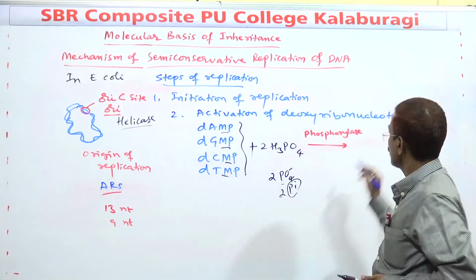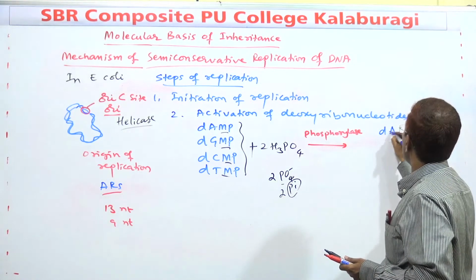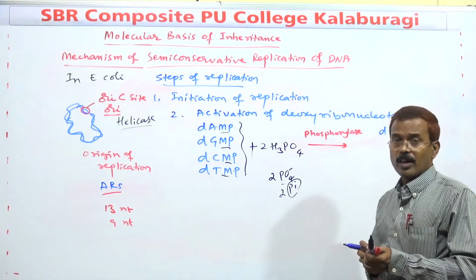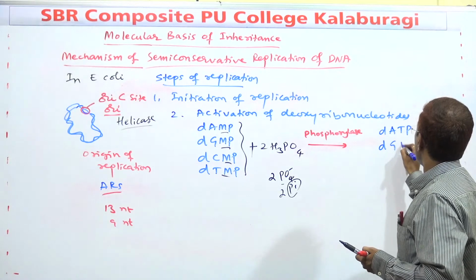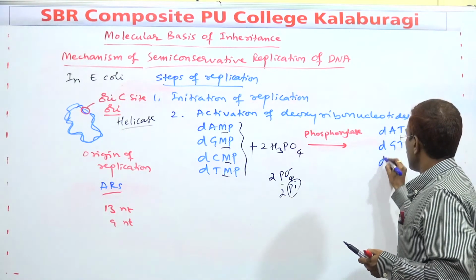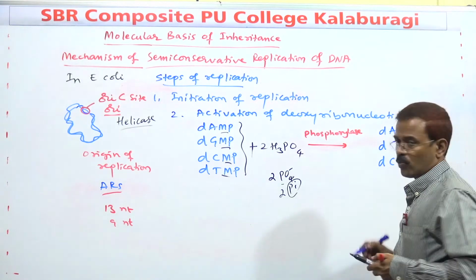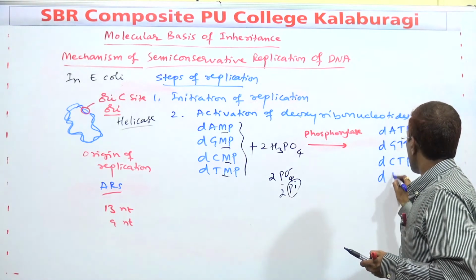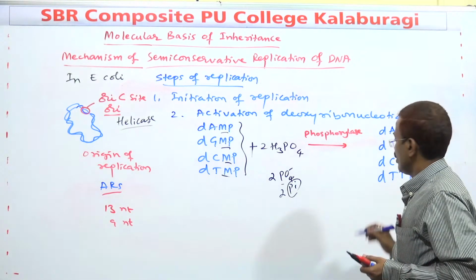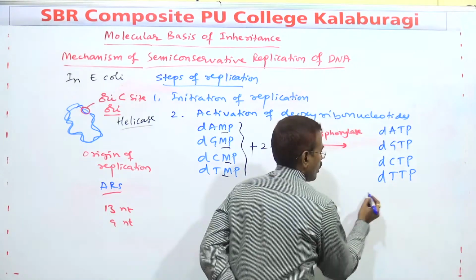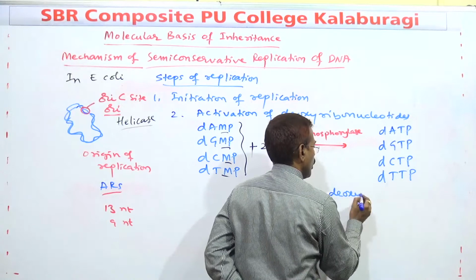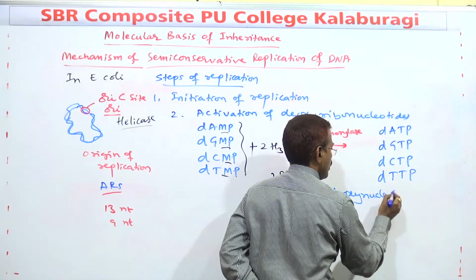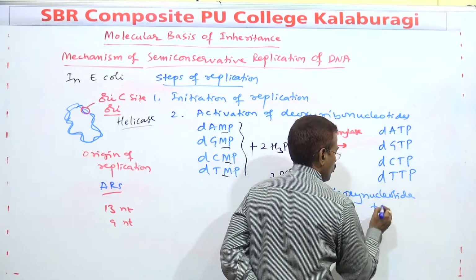What will this be? Deoxyadenosine triphosphate, deoxyguanosine triphosphate, deoxycytidine triphosphate, deoxythymidine triphosphate. So these will be converted into what we call deoxynucleoside triphosphate forms.